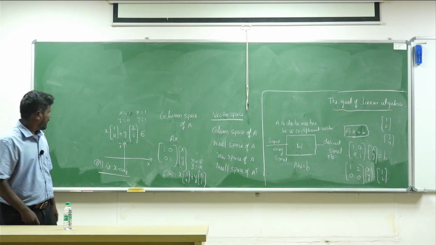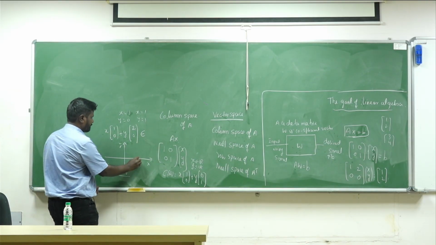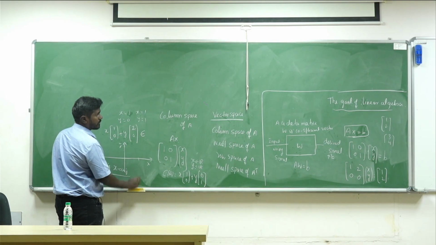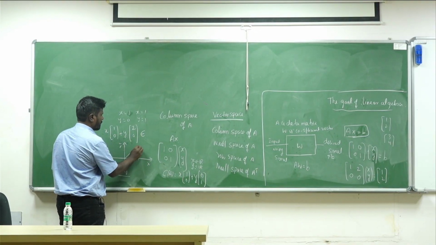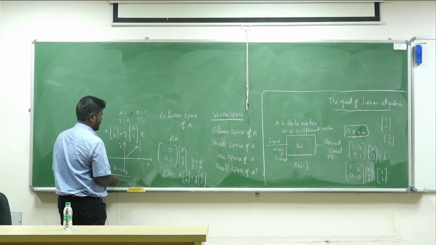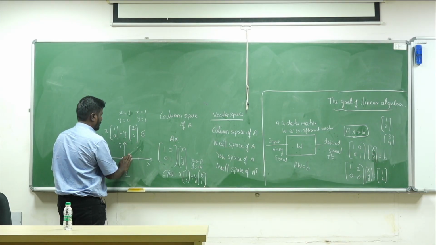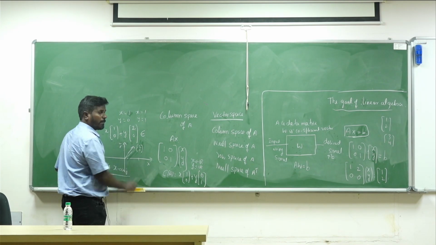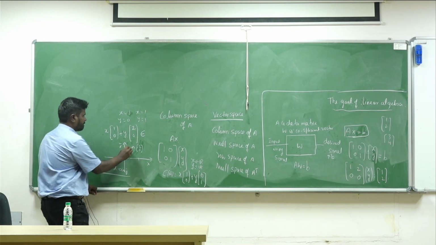What is the B here? The B is this, right? So this is 2, 1. Your B is this.